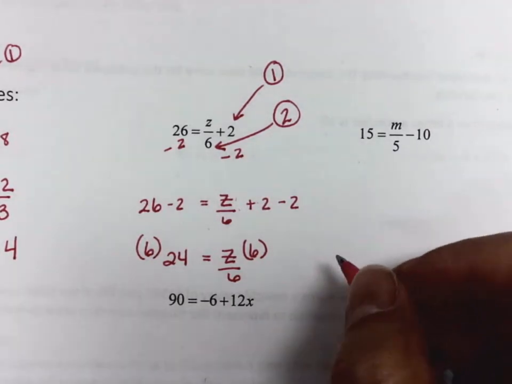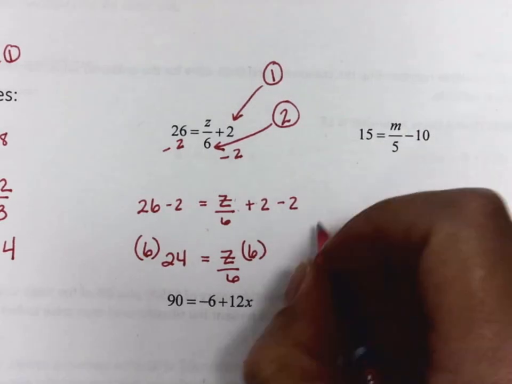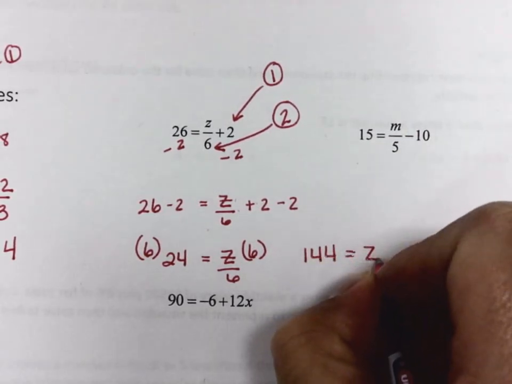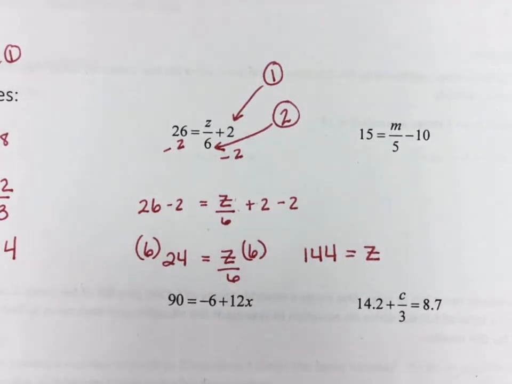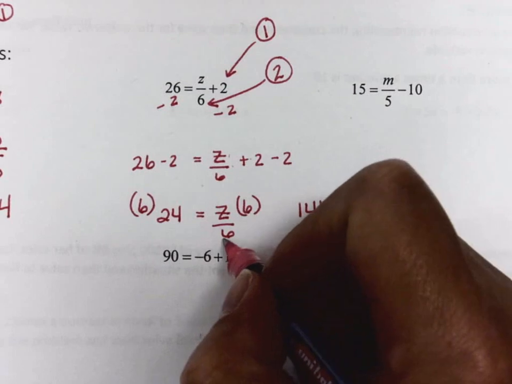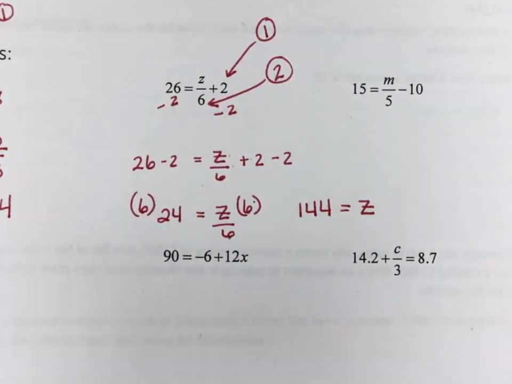I'm going to get my handy dandy calculator out. 6 times 24. So that's going to be 144 equals z. Because this 6 divided by 6 gives me the 1, but this time I didn't write it.